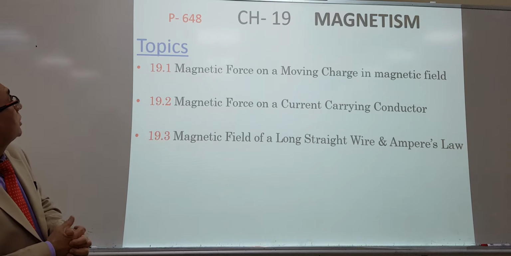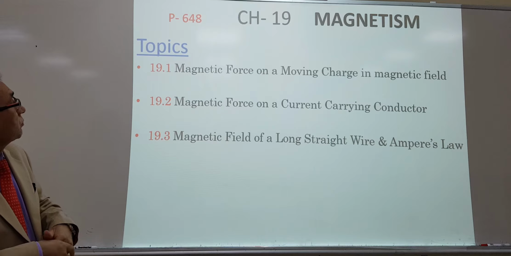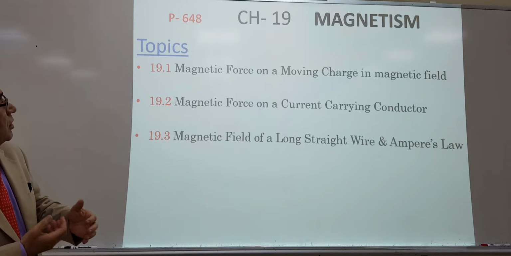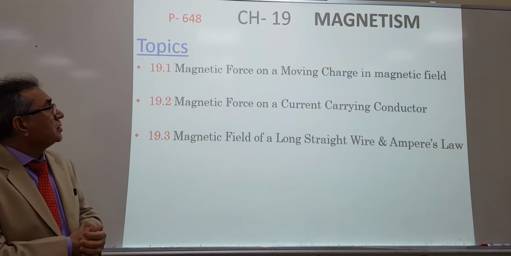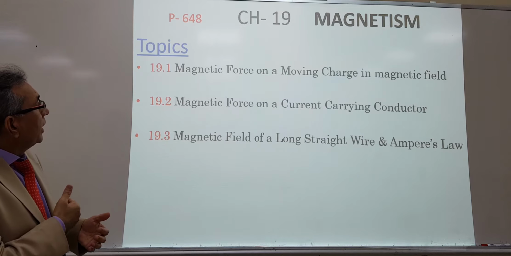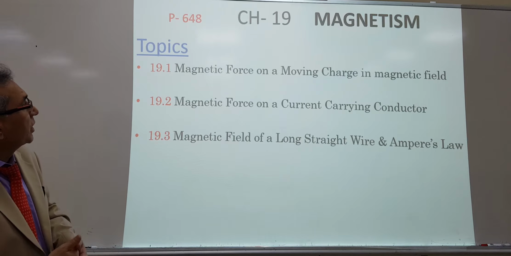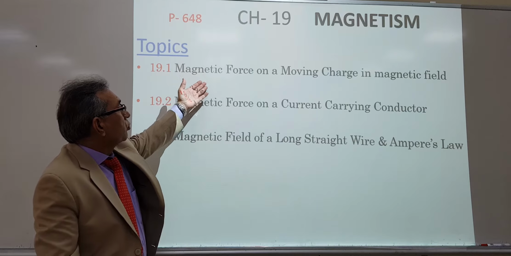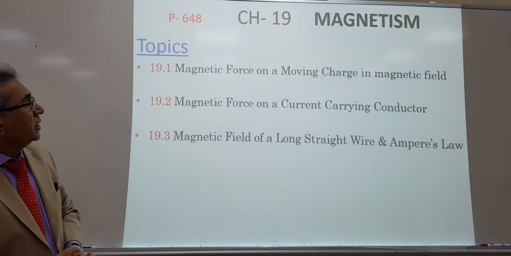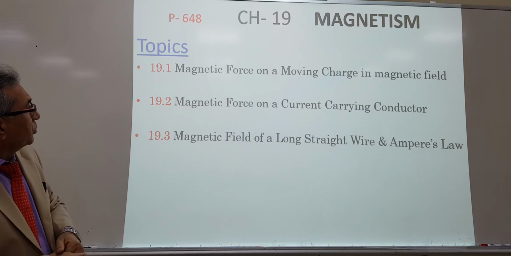What we'll be doing today, the topics: first of all, whenever you have a magnetic field and a charged particle is moving and enters into the magnetic field, what force, magnitude and direction, that charge experiences we'll discuss.